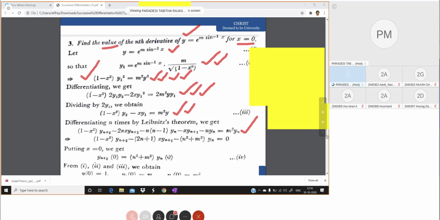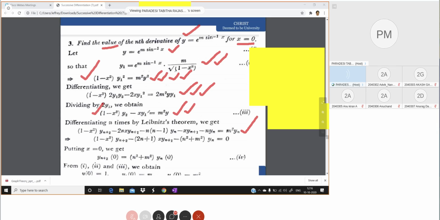Now, will any more terms come? You started with 1 minus x square, you put its derivative minus 2x, you put its derivative minus 2. The next derivative would be 0. So this first term is just giving us 3 terms.